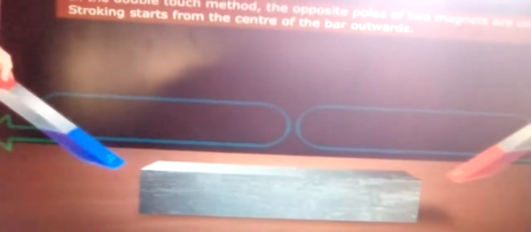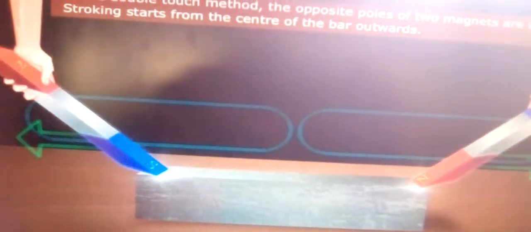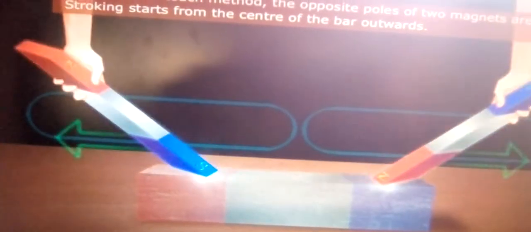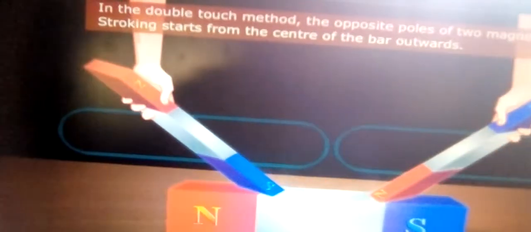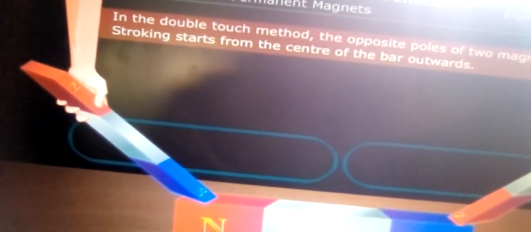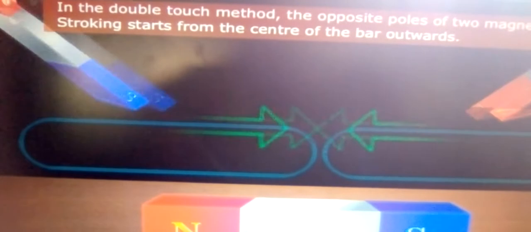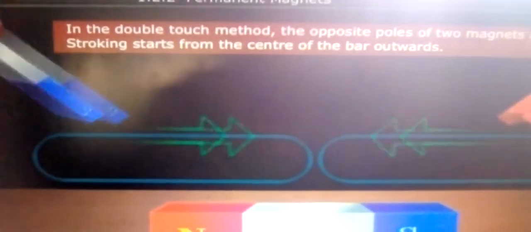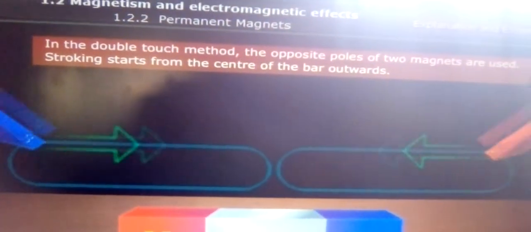Then we look at another method. We call it double touch. Still, you stroke the iron bar, or steel bar, with two magnets, like that. What happens here is that this iron bar is stroked in a way that we pull the atomic magnets toward either end.